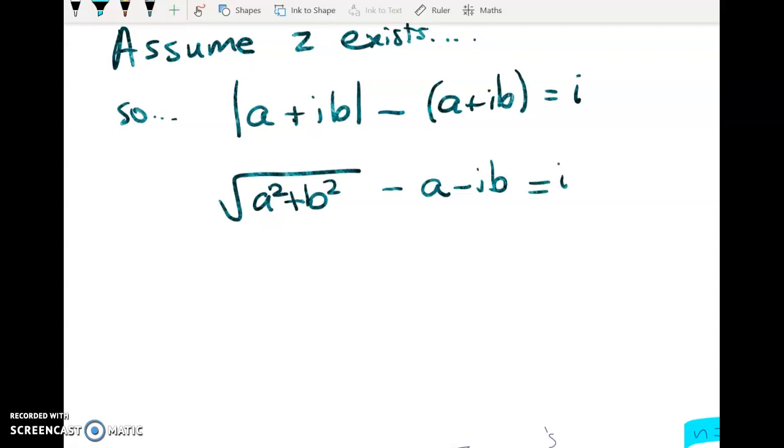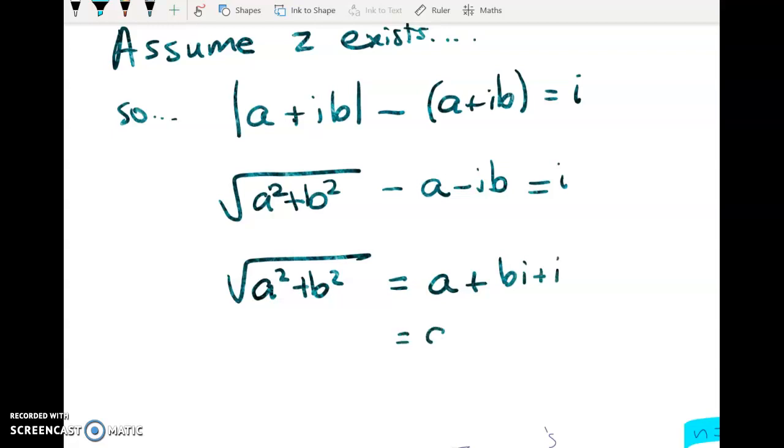I'm going to solve this, and I'm trying to find values of a and b that fit. So we get the square root of a squared plus b squared is equal to a plus bi plus i, and now we group the real and the imaginary parts like that.